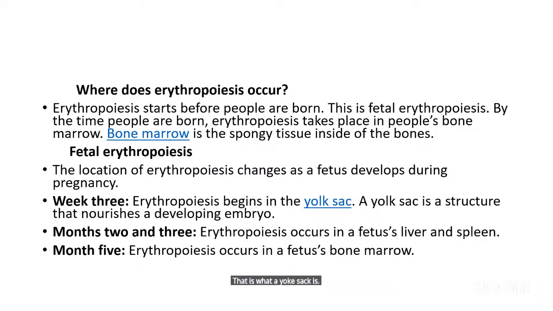In 2 months and 3 months, erythropoiesis occurs in the fetus liver and spleen. In the 5th month, erythropoiesis occurs in the fetus bone marrow.